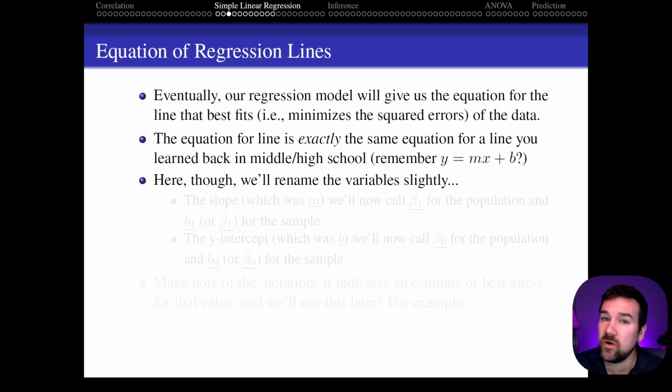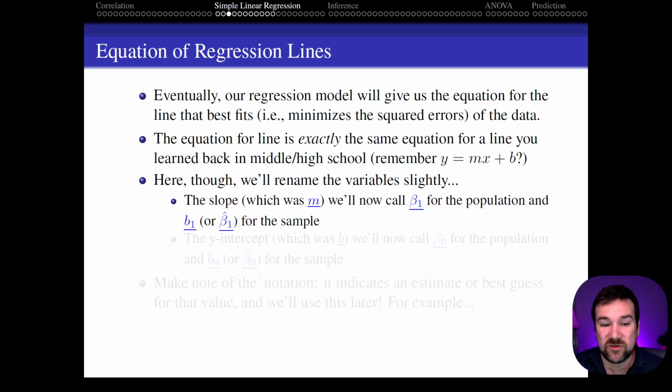I will mention that while we're using that same y equals mx plus b, we are going to rename the variables slightly. The slope was previously named m in the y equals mx plus b, but now we're going to call it beta 1 for the population value, or b1 for the sample value. You'll also see the notation beta 1, the population value, with a little hat on top.